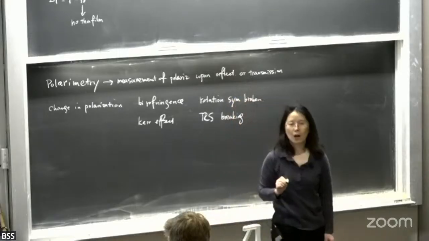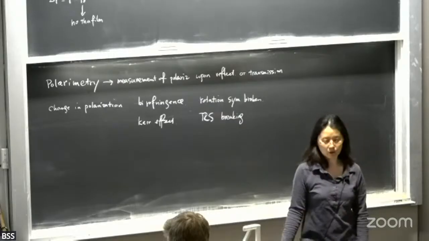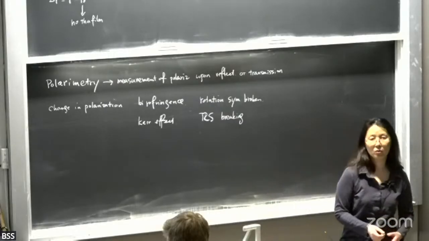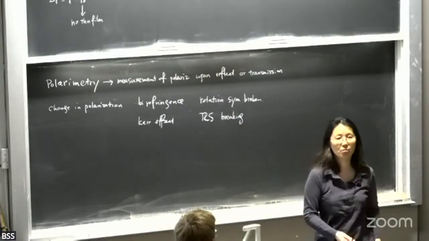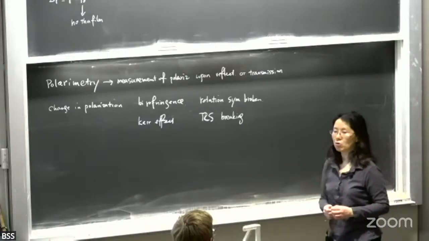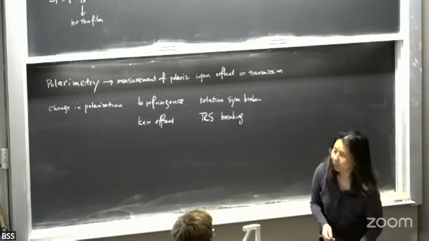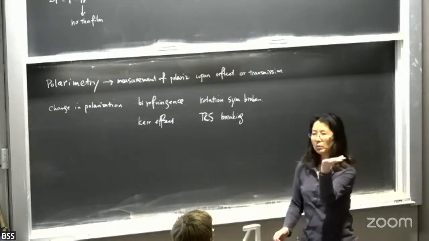So the question is, how do I distinguish one from the other? If I want to know whether this is due to time reversal symmetry breaking or the sample just has some birefringence, an easy way to check is to rotate your sample.